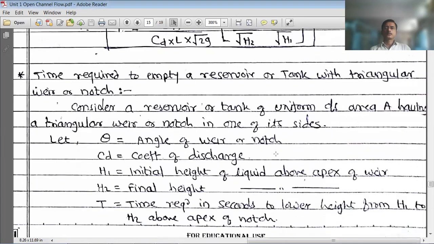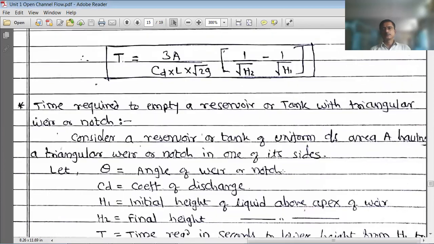After that, write down this title: time required to empty the reservoir or tank with triangular weir or notch.